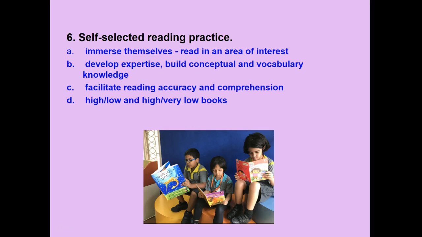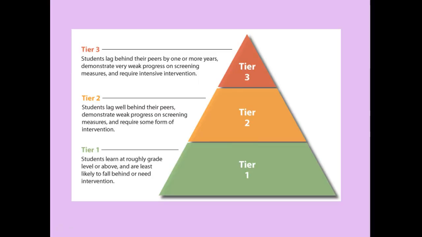Or maybe you'll have 3 days of focused instruction, and on the 4th day, it's reading practice. But students need to immerse themselves and read in an area that they are interested in to help them develop expertise and build conceptual and vocabulary knowledge to enable them to read. Practice facilitates word reading accuracy and comprehension, and we want students to be able to read at their independent level or below. So that means using high-low books, high interest, low reading level, and high, very low books, books that are picture-driven.